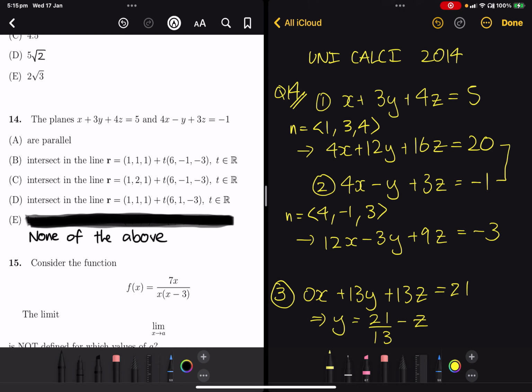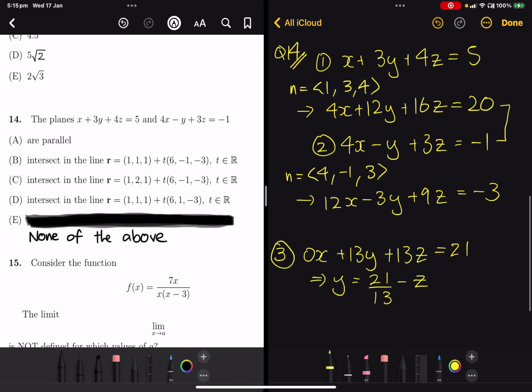Now we're going to do the same thing, but this time we're going to try and eliminate y. Here we eliminated x, now we want to eliminate y. So for another new equation, equation 4, we're going to add these actually, because we have 3y here and minus 3y here.